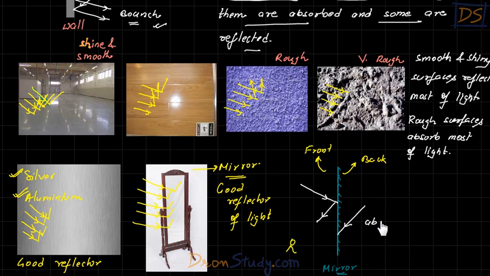It will be absorbed. So the back part of the mirror is not very important for us, because if light hits here, it will be absorbed. The front part of the mirror is important to us because any light ray hitting this front part has to be reflected. So in physics, a mirror is drawn like this, with a front part and a back part.